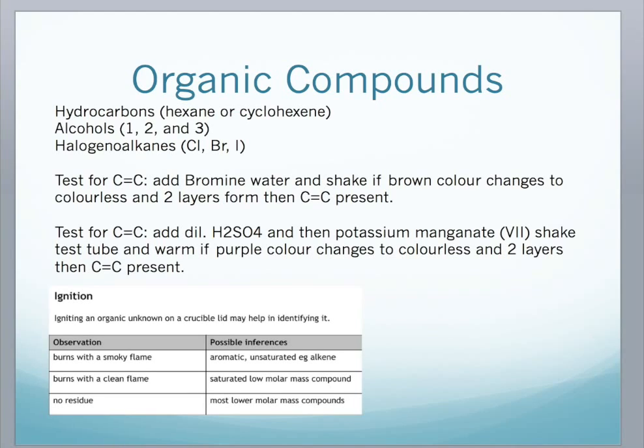The unknown will be placed in a crucible lid and then ignited with a lighted splint. If it burns with a smoky flame, it means that the organic compound is either aromatic or unsaturated, so it's an alkene.